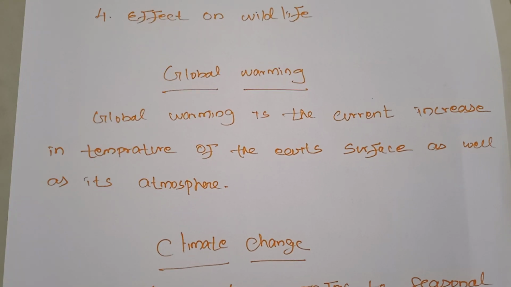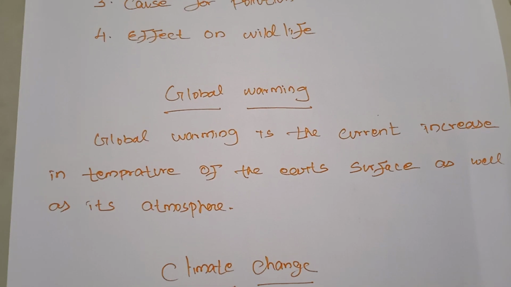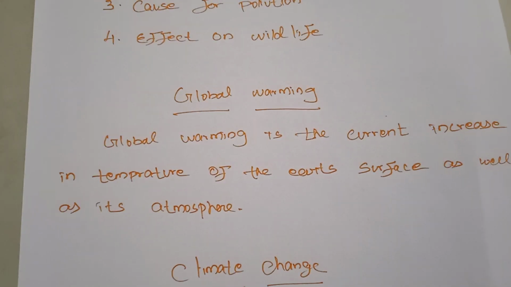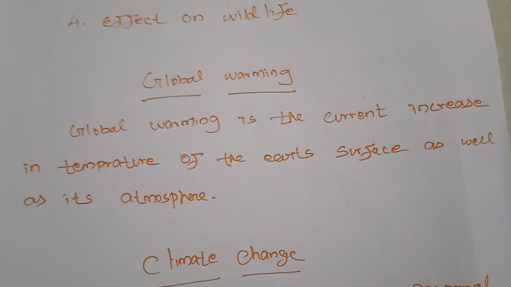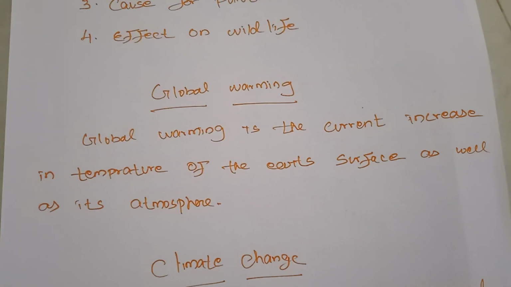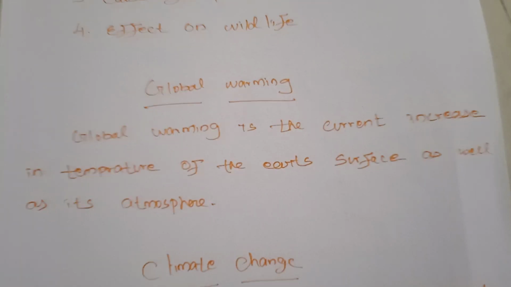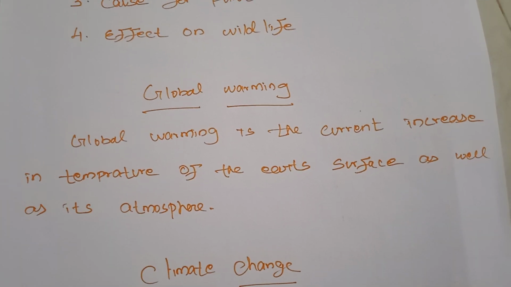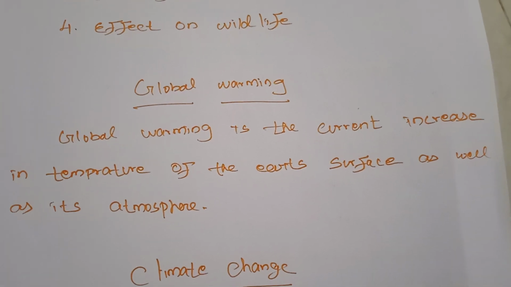The temperature of the earth's surface is increasing day by day because of heavy industrialization and human activities. Because of that the atmosphere is also affected, its temperature increases continuously, and the ozone layer is affected. This is called global warming.